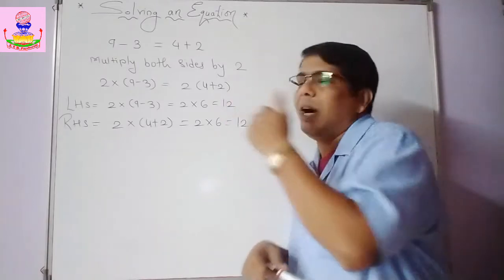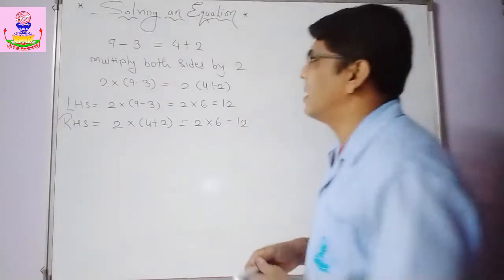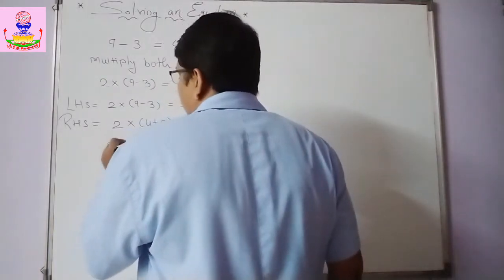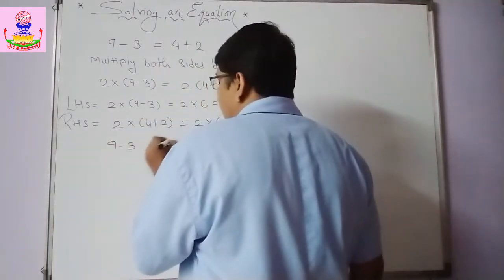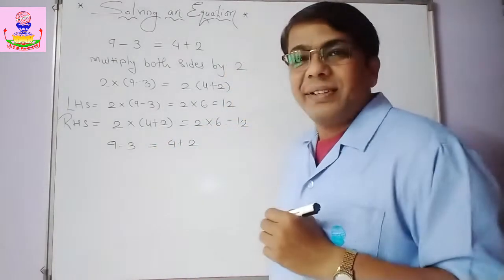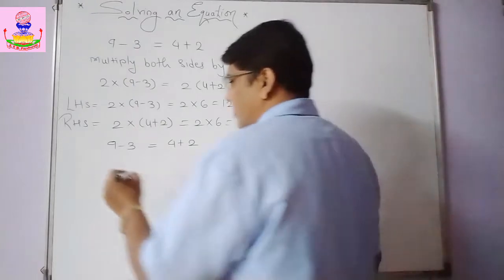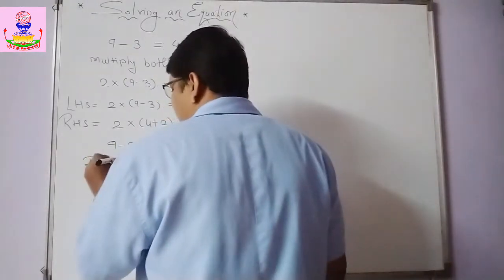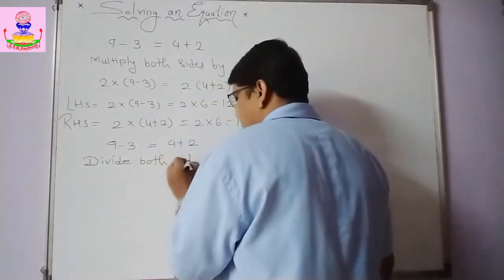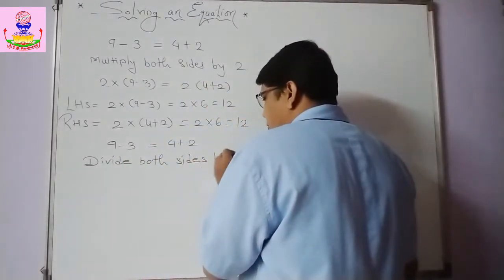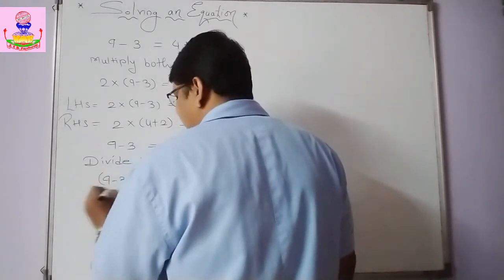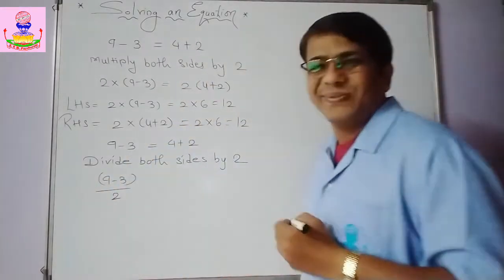Now suppose I divide, we'll consider the same equality. 9 minus 3 is equal to 4 plus 2. Now if I divide both sides by 2, 9 minus 3, bracket is important, divided by 2.